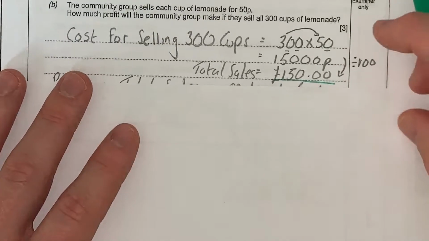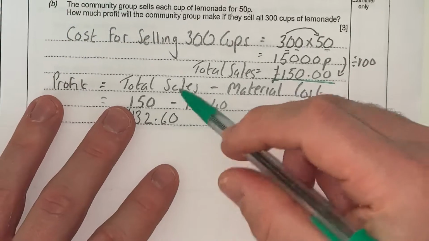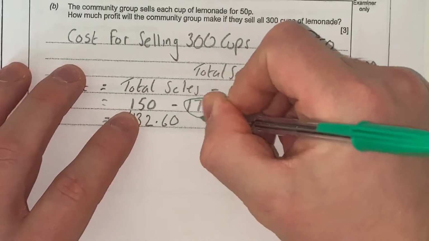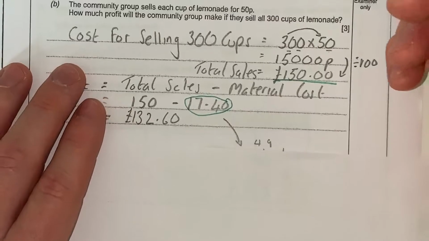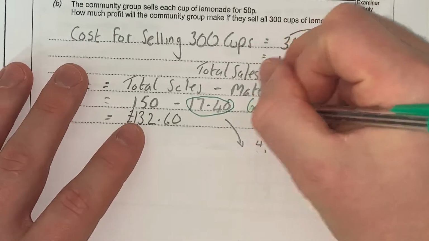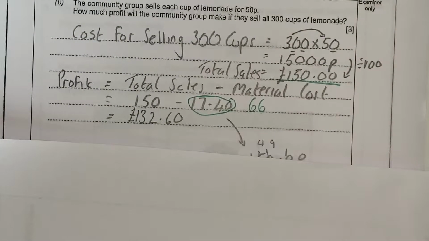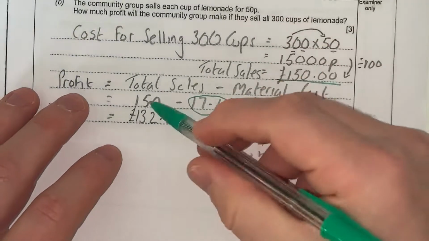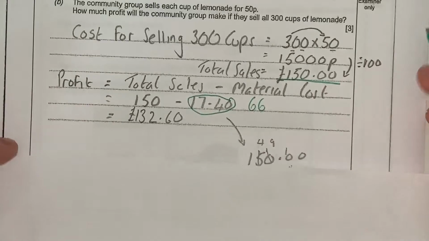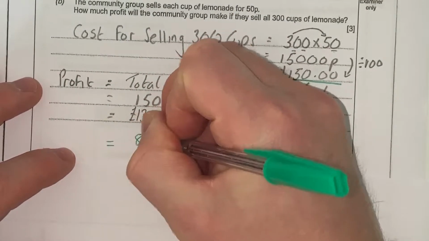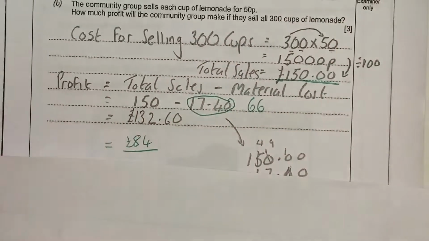Now, the next part is obviously going to be wrong because my total sales of 150 take away material costs, which is what we had in our previous answer, isn't actually £17.40. It's actually £66. So if I know it's £66, then I've got to just take off 66 from 150 instead, which is going to leave me with £84 profit, not 132.